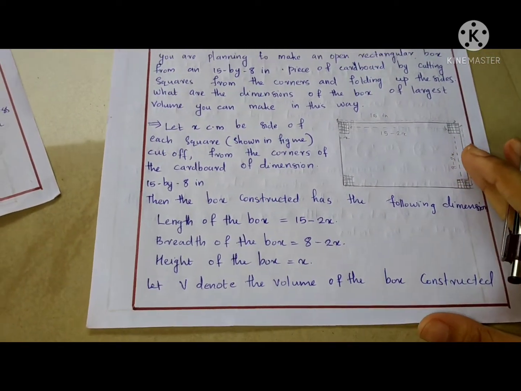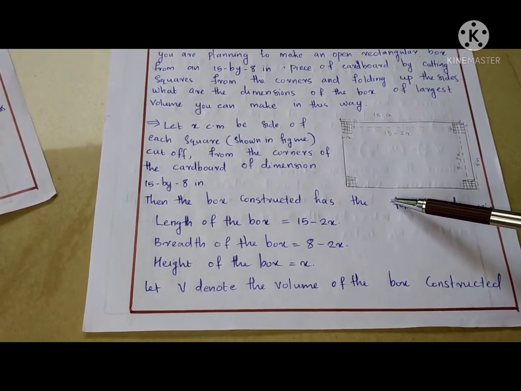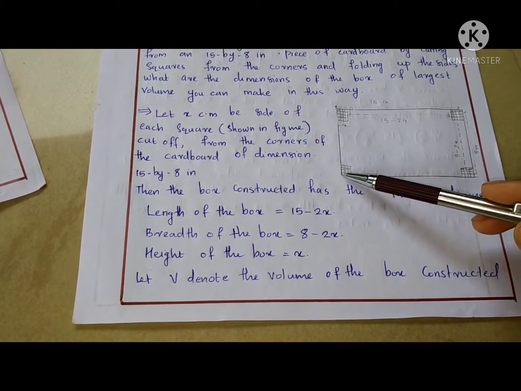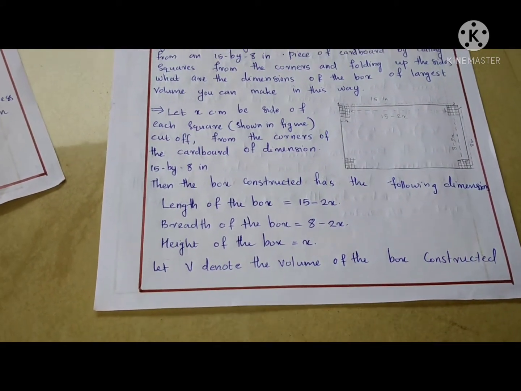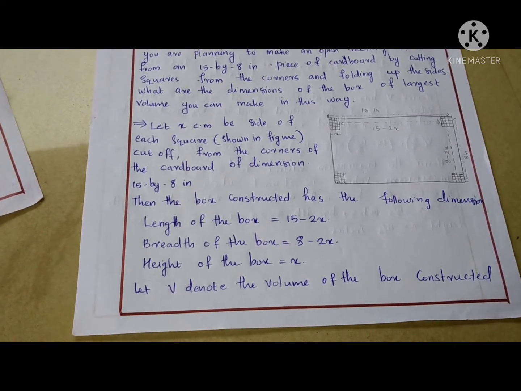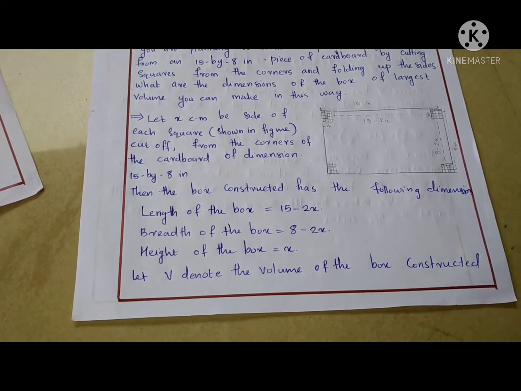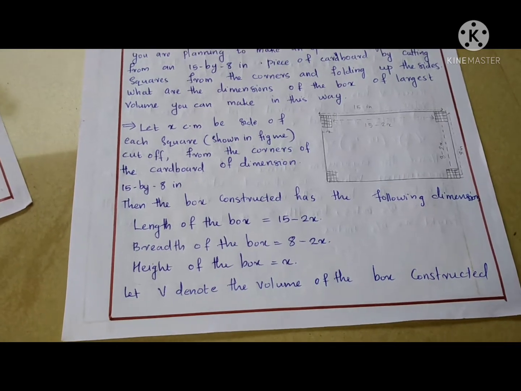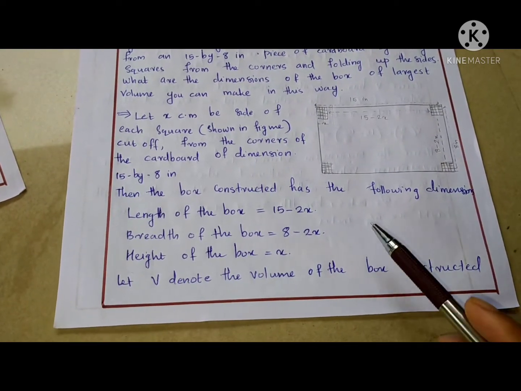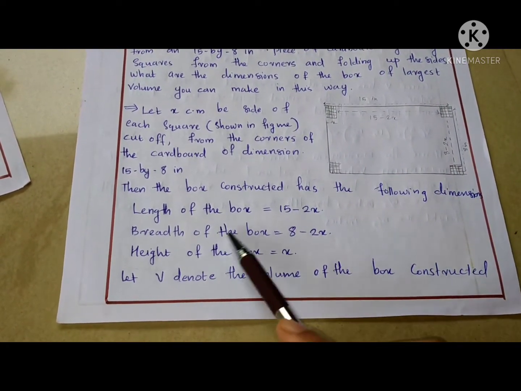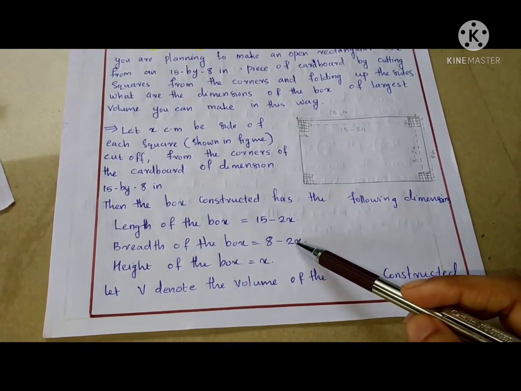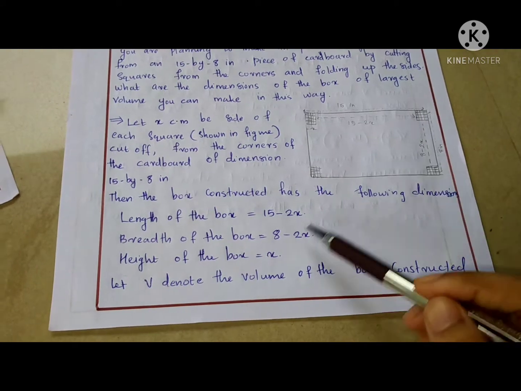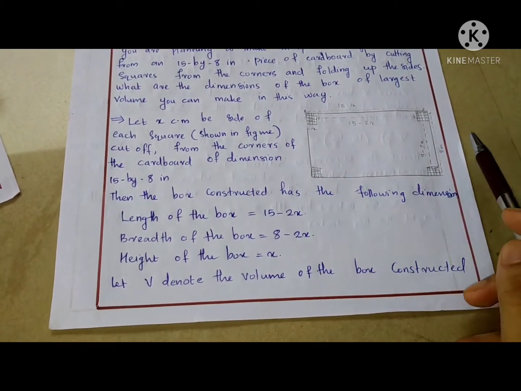Let x centimeter be the side of each square shown in the figure, cut off from the corners of the cardboard of dimension 15 by 18. Then the box constructed has the following dimensions: length of the box 15 minus 2x, breadth 18 minus 2x, and height x.